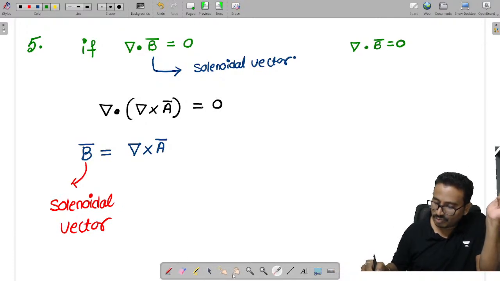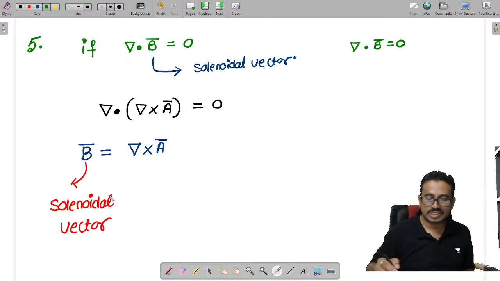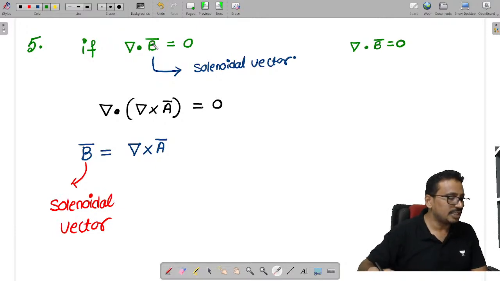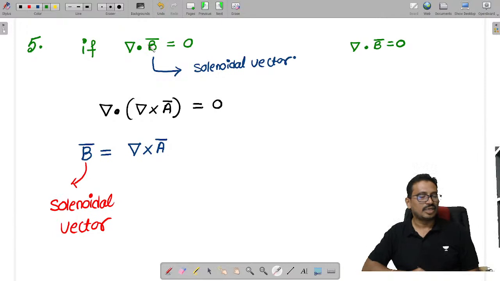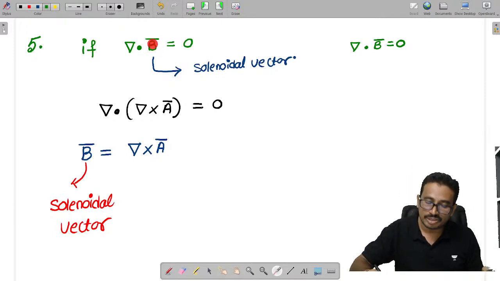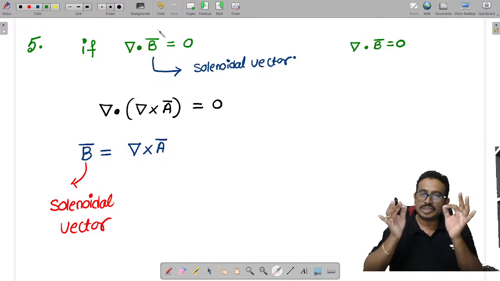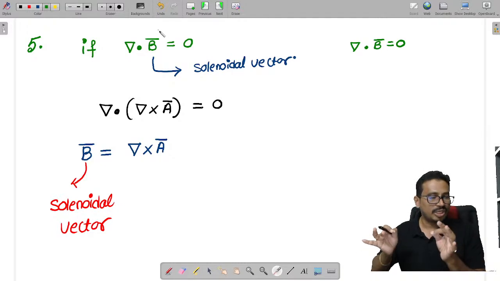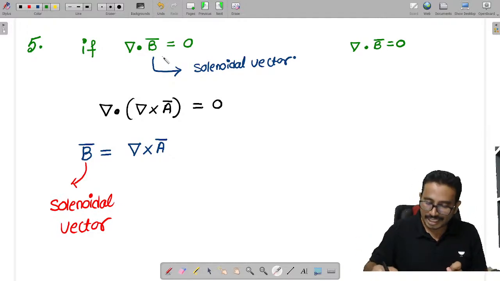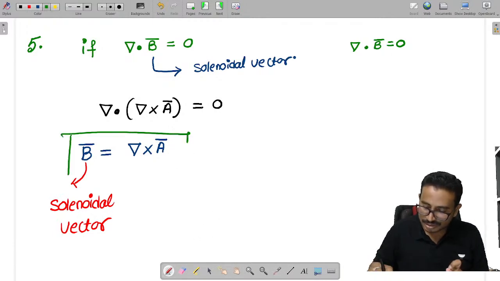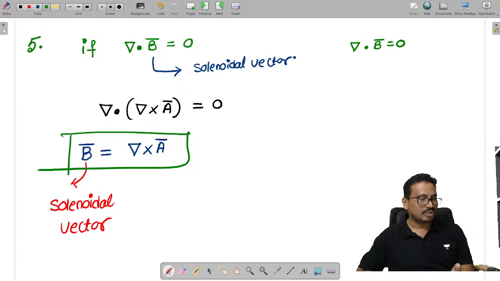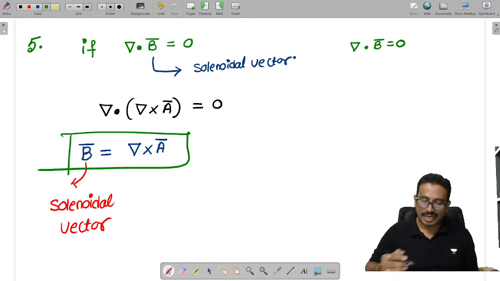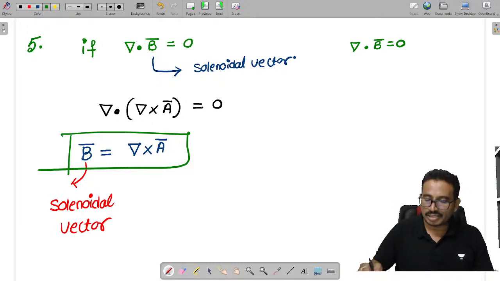Isn't it? All of you tell me, what is the B vector here? B vector is solenoidal. Here I have taken B as some random vector. We may have many vectors of this nature. del dot B is equal to 0. अगर del dot B is equal to 0, that vector is solenoidal. Any solenoidal vector I can express as the curl of some other vector. हाँ ना बोलिए.